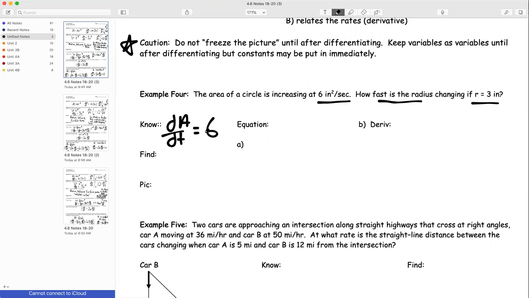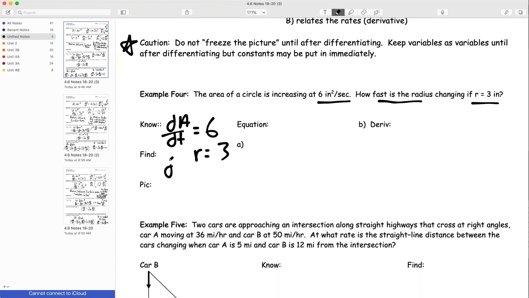What else do I know? I know that r is equal to 3. What am I trying to find? How fast is the radius changing? So that would be a rate of change. It's a derivative with respect to time.